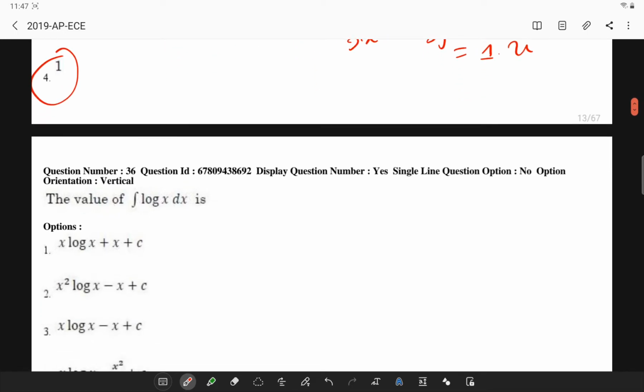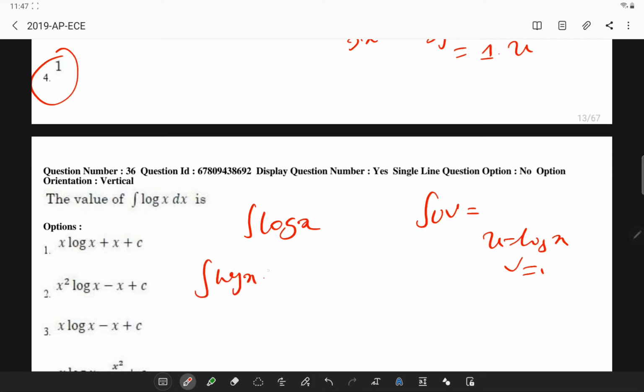So this is a simple direct formula, integral log x. So the integral uv formula is to be applied. Here u is log x and v is 1. So integral log x into 1 into dx is u integral v minus integral of d by dx of u into integral v du.